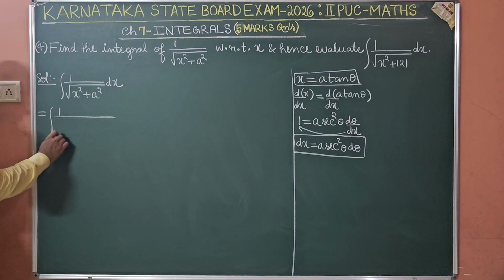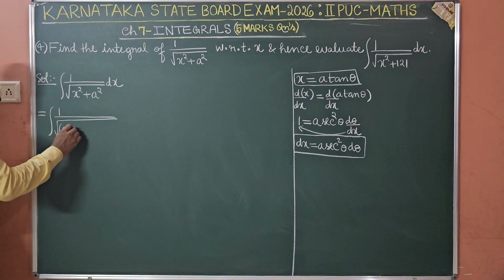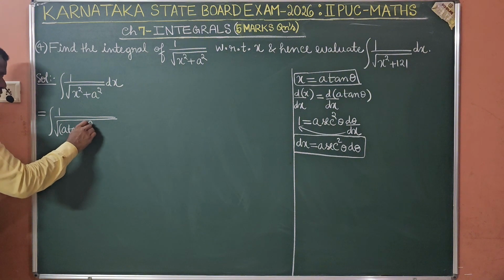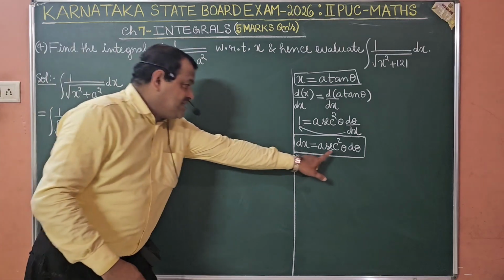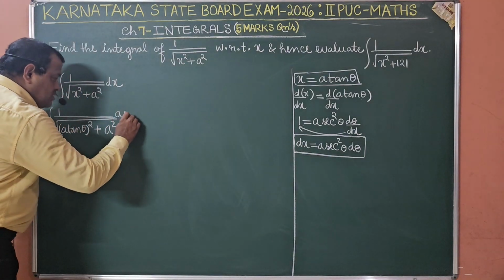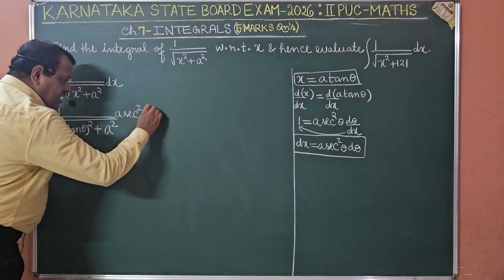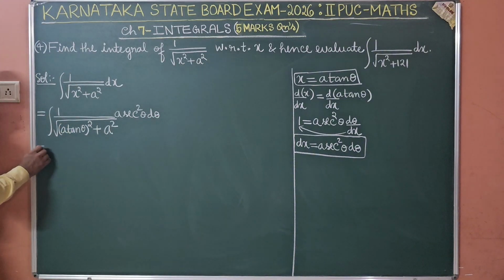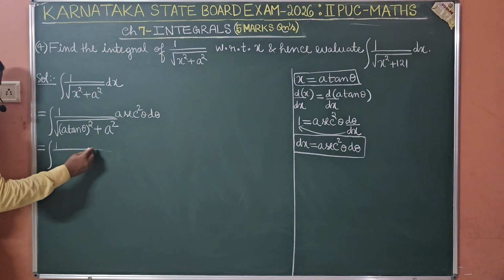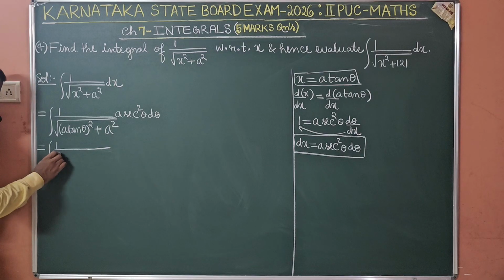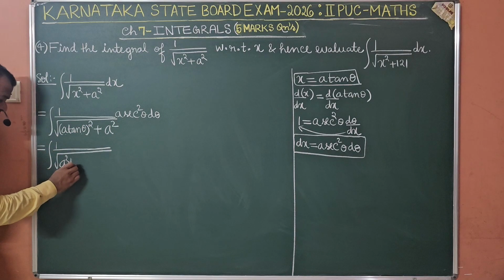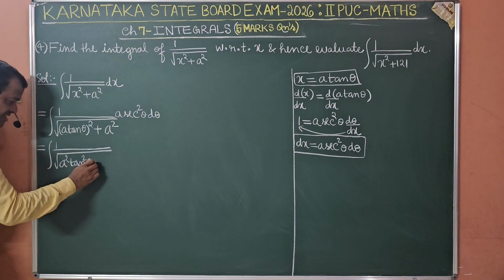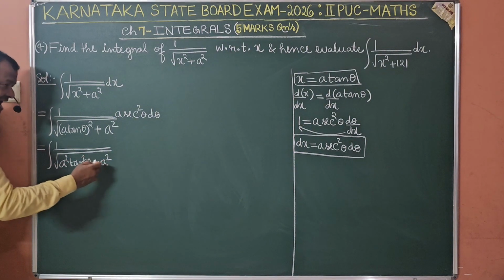1 by square root of, x square is a tan theta whole square, plus this a square as it is. In place of dx, I will put a secant square theta d theta. This is equal to the integration of 1 by square root of, a tan theta whole square is a square tan square theta, plus a square as it is.